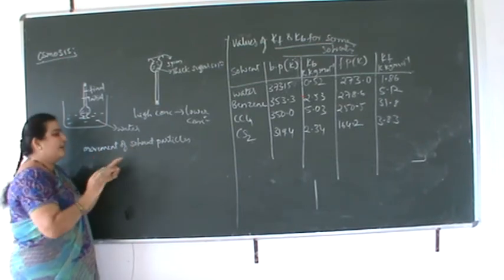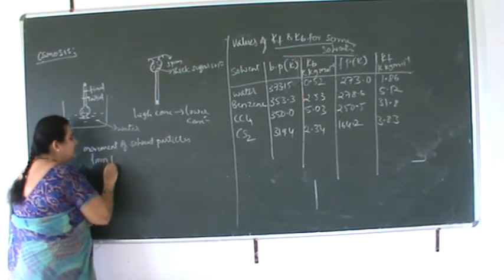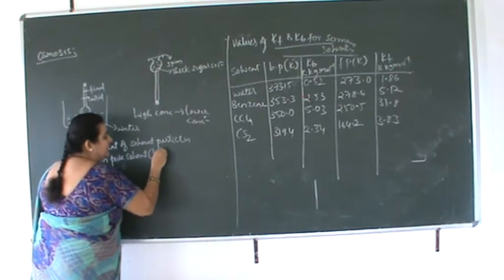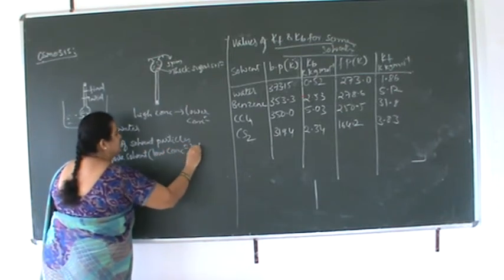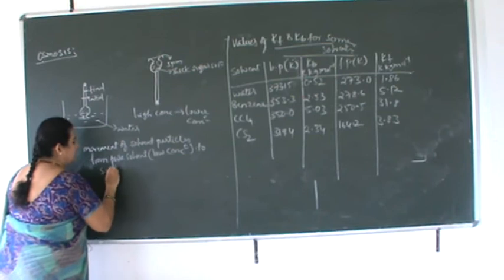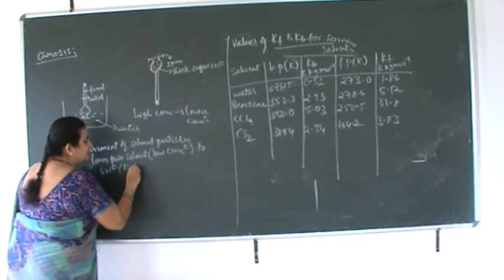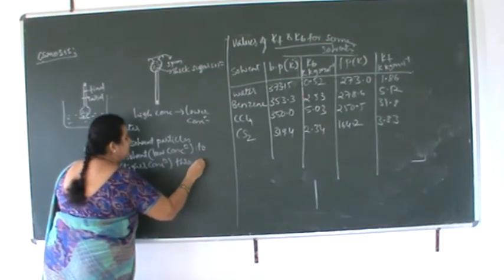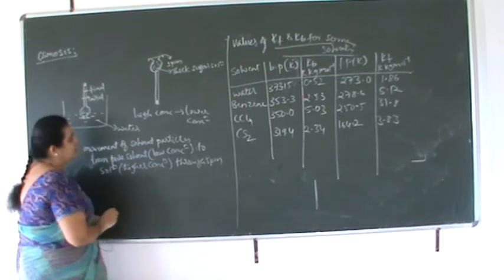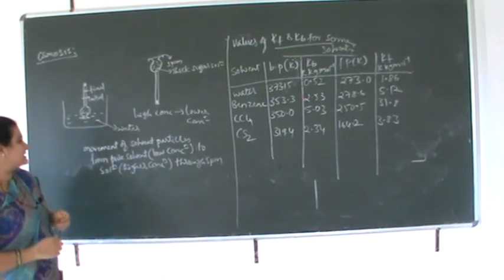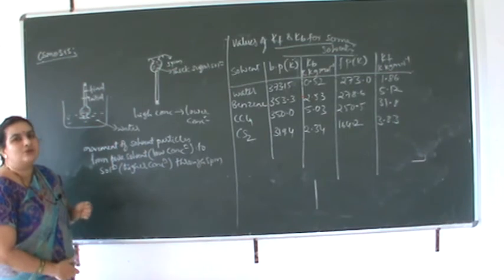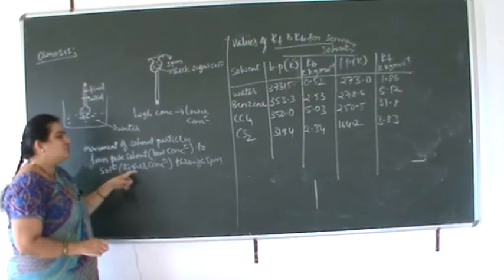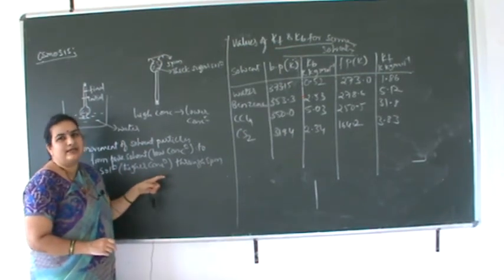Movement of solvent particles from pure solvent, where the concentration is lower, to the solution, where the concentration is higher, through a semi-permeable membrane is called osmosis.